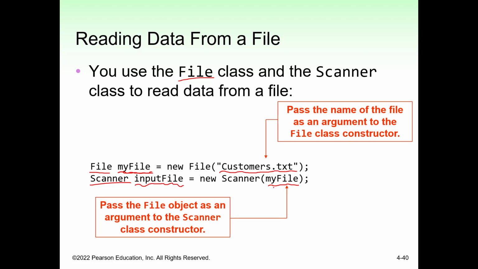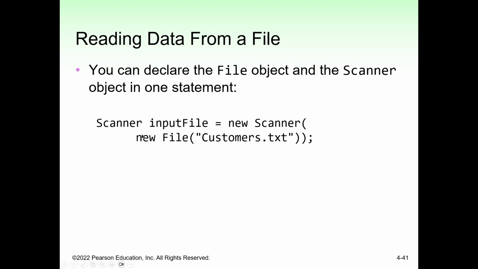In this case it's myFile, so they have to match. This is how you would do it in one statement: Scanner inputFile equals new Scanner, new File, customers.txt. The same way you could put everything in one statement when we were writing to a file.